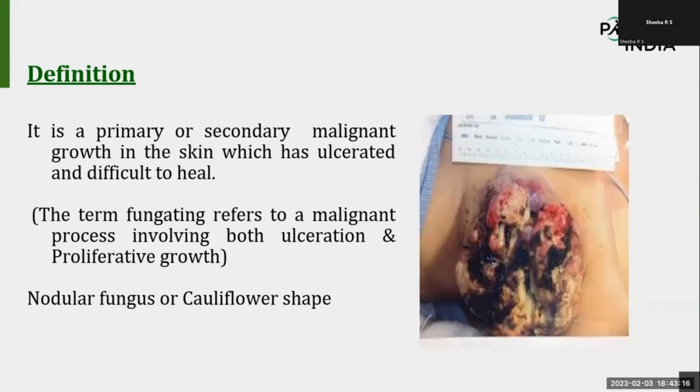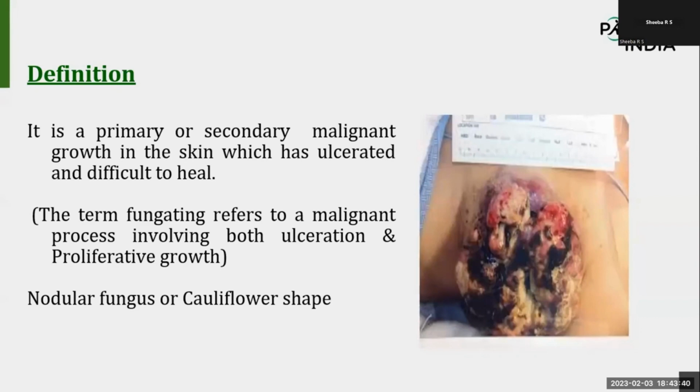So it could be nodular, fungus-like, or cauliflower in shape. It is not because of a fungus; it looks like a fungus shape. That is why we call it a fungating wound. Both ulceration and proliferation happen at the same time.